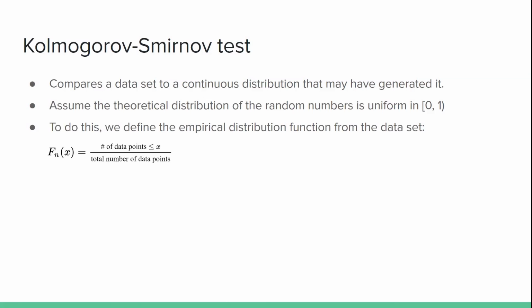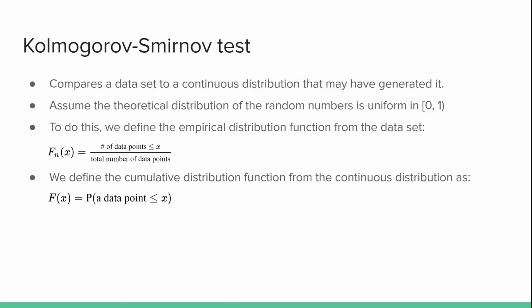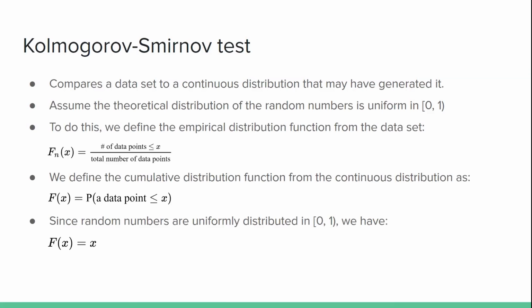Our Fn of x is equal to the number of data points less than or equal to x divided by the total number of data points. And we compare this to the cumulative distribution function, which is F of x is equal to the probability that a data point is less than or equal to x, right? Now, since every number between 0 and 1 is uniform and equally likely, this means that F of x will equal x.